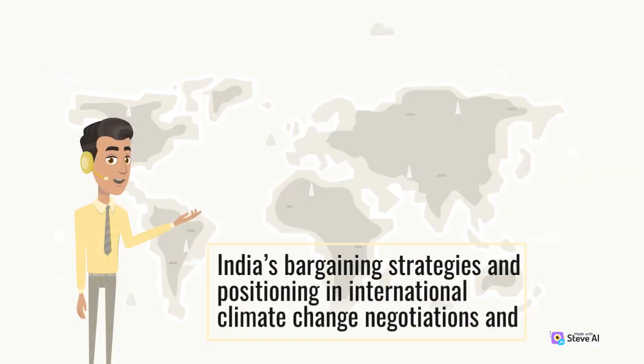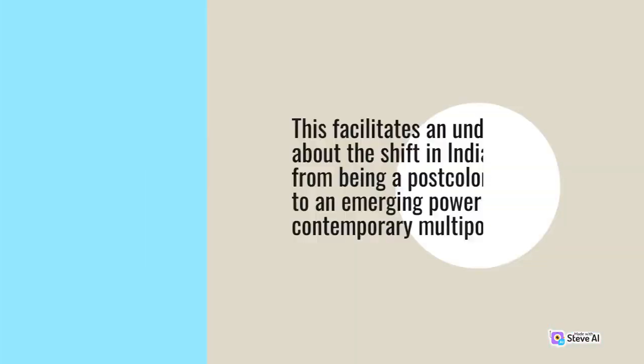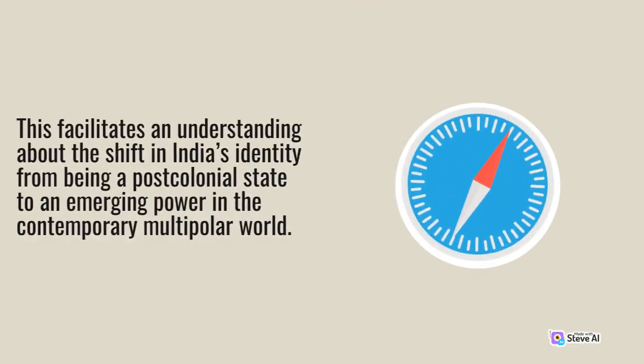India's bargaining strategies and positioning in international climate change negotiations, and international economic governance will be taught to help the students understand changing positions and developments of India's role in the global domain since independence. This facilitates an understanding about the shift in India's identity from being a post-colonial state to an emerging power in the contemporary multipolar world.